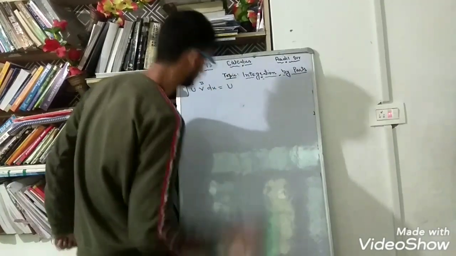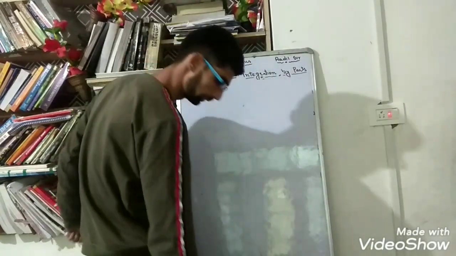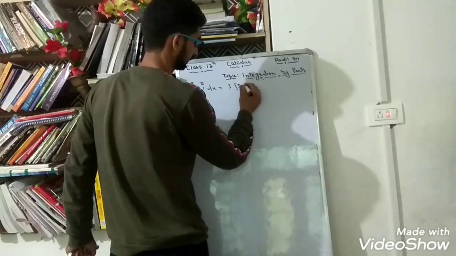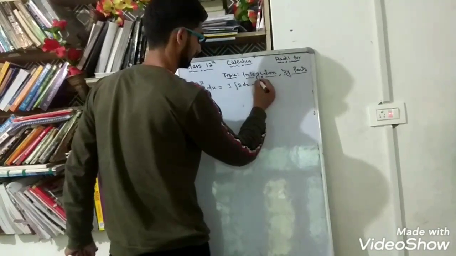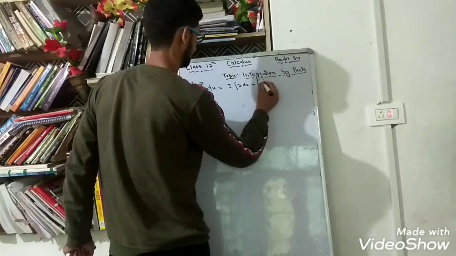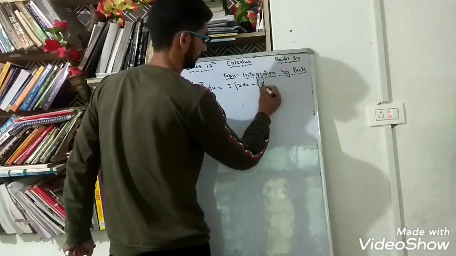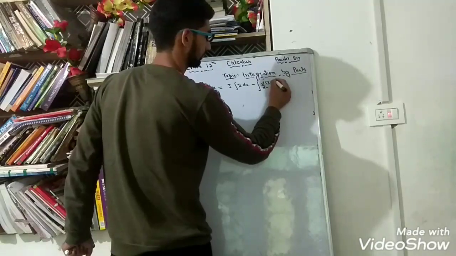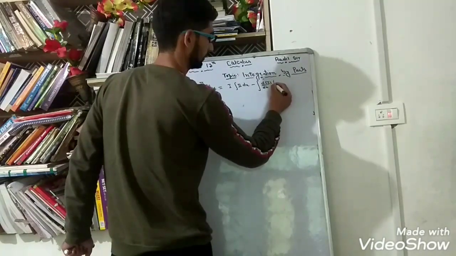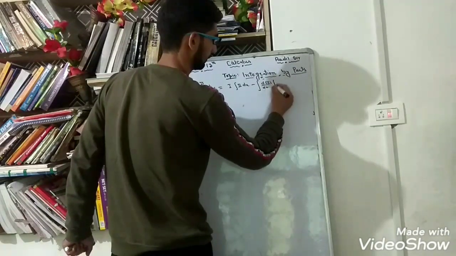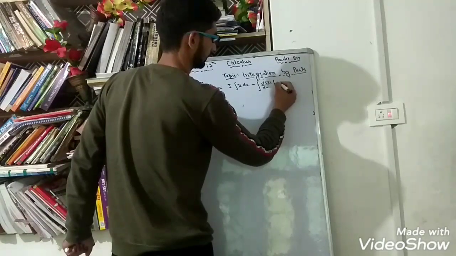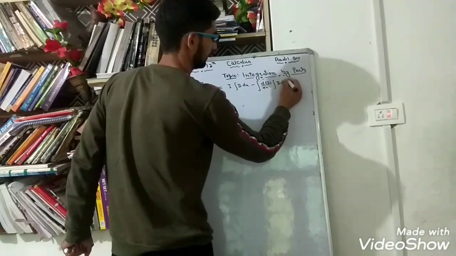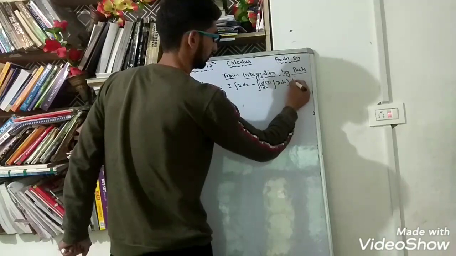I will write like this: minus integral of derivative by dx of first one into integral of second one. This is my rule.